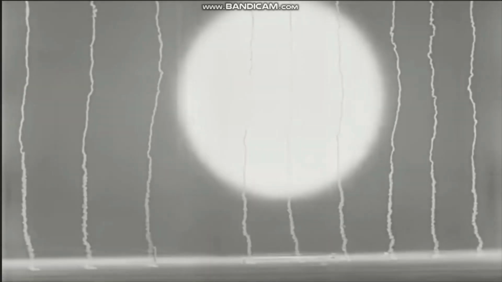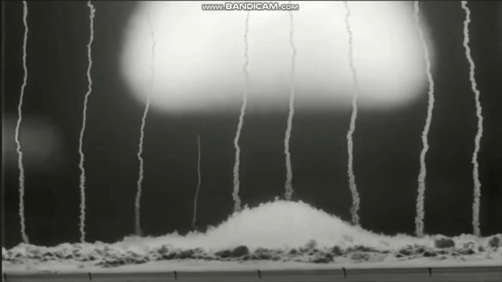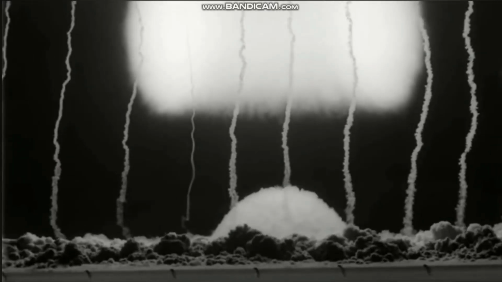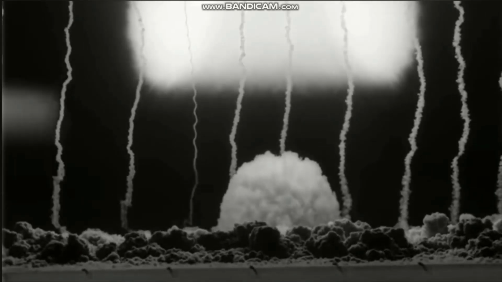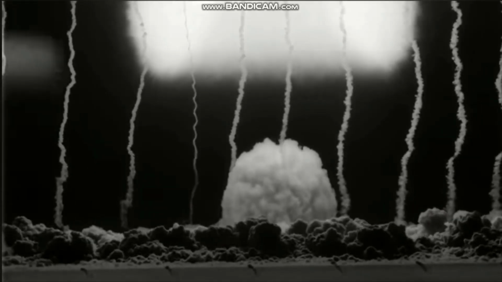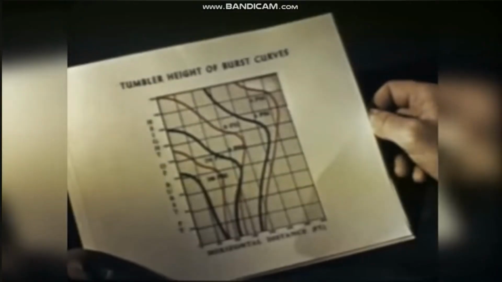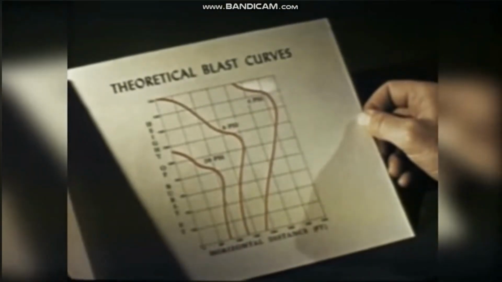This enabled the shockwave's progress to be followed by observing the hooks in the smoke trails at the shock front due to the change in the refractive index of the air. The trails recorded the shock front as a function of space and time, from which the shock velocity could be calculated. This, in turn, allowed calculations of the shock overpressure versus space around the burst using the Rankine-Hugoniot conditions.